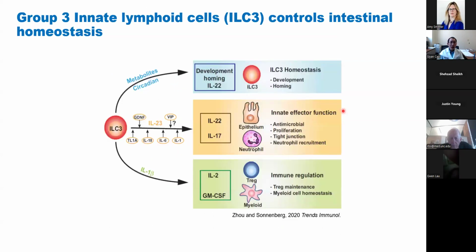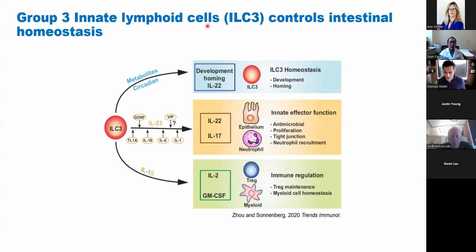Part of my study specifically focused on this type of innate immune cells called group 3 innate lymphoid cells, or ILC3s. ILC3s were identified about 15 years ago by a group of scientists, both in mice and in humans. And people found that this cell type can control intestinal homeostasis in a number of disease models.